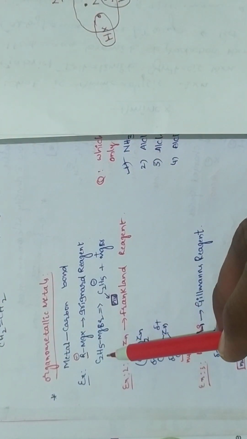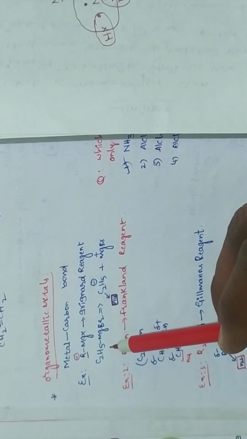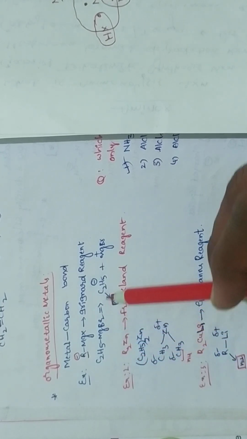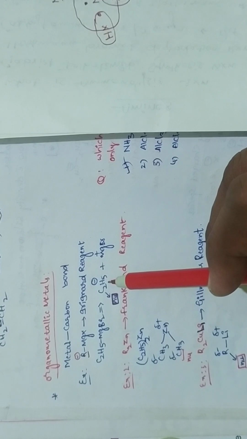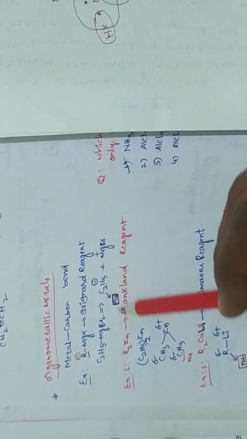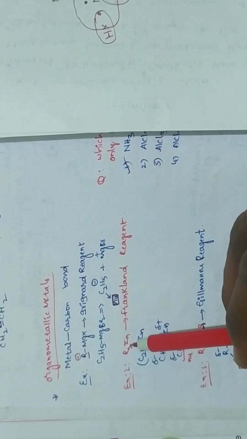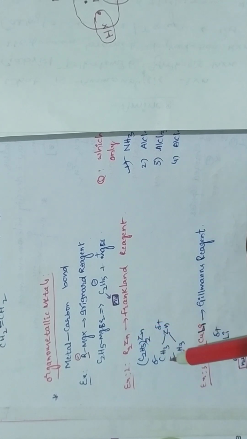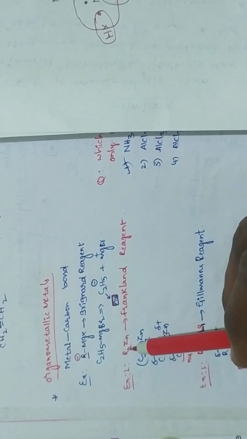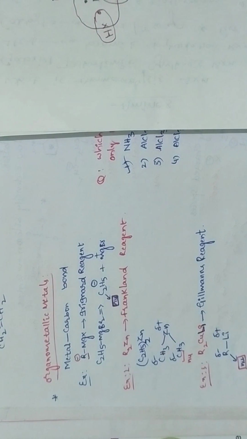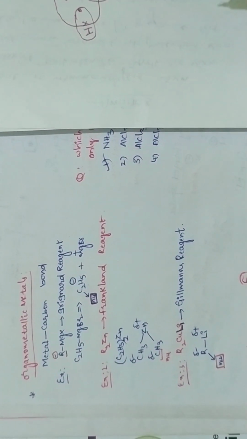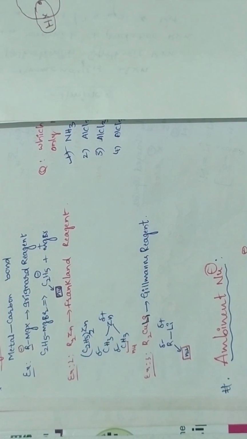For example, ethyl magnesium bromide. This ethyl group is acting as a nucleophile. Next, in Franklin reagent, R2Zn, the alkyl group is acting as a nucleophile. Next, Gilman reagent. The alkyl group is acting as a nucleophile.